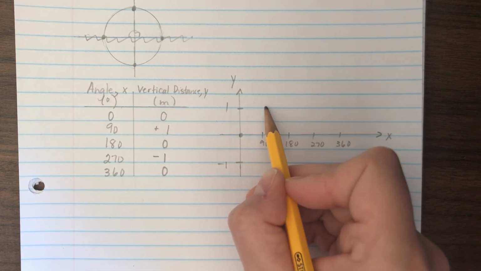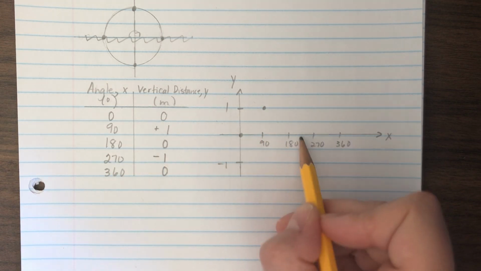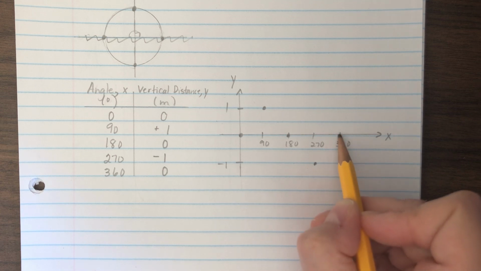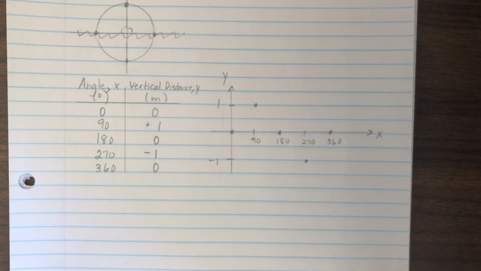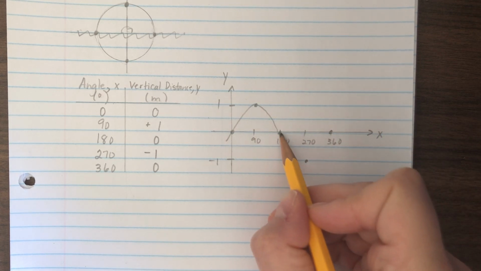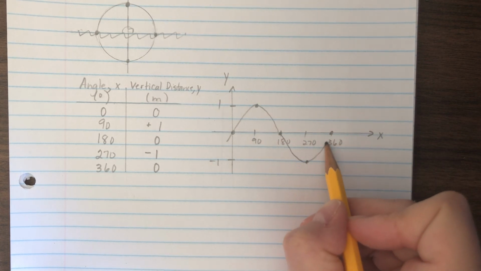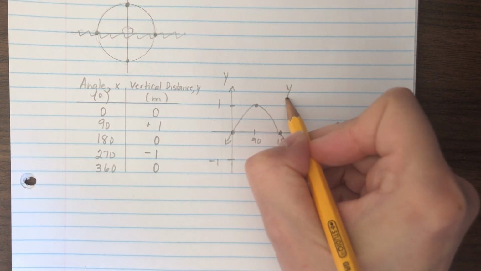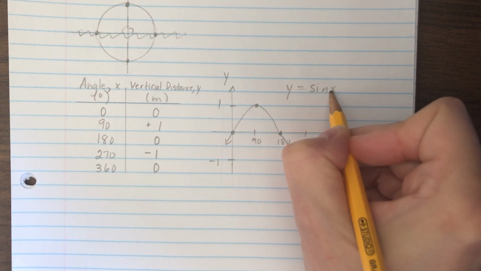The next one is 90, 1. And then the next point is 180 and 0. Then 270 and -1. And then the final point is 360 and 0. And then if I draw a smooth curve through those points, I get this graph. And this graph is the sine function, y equals sine of x.